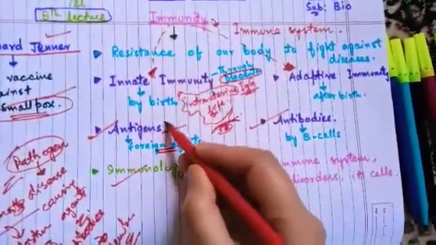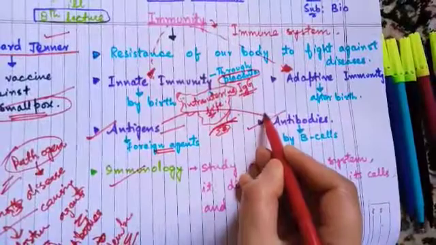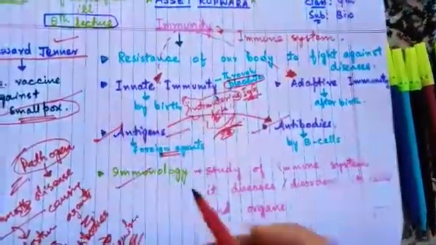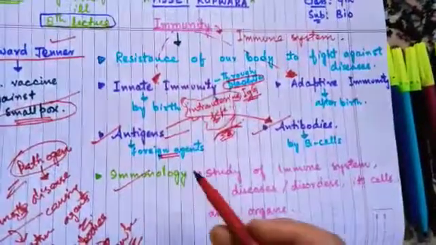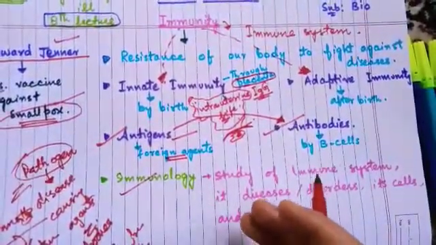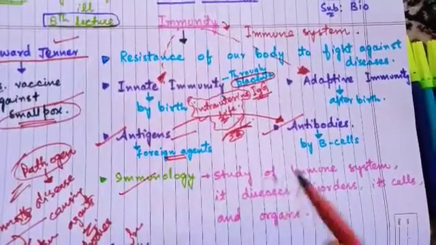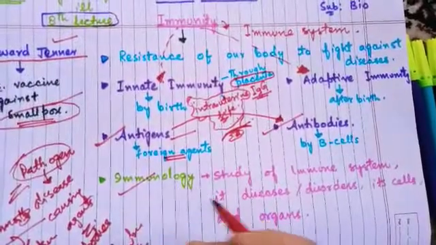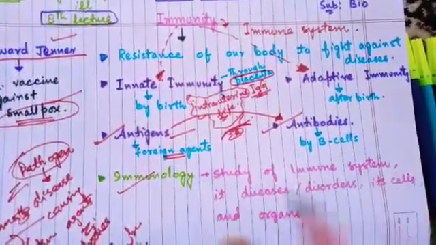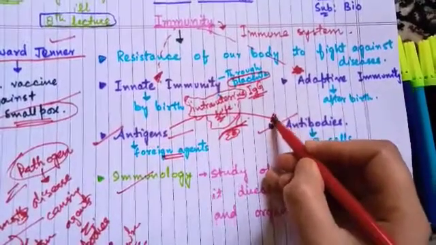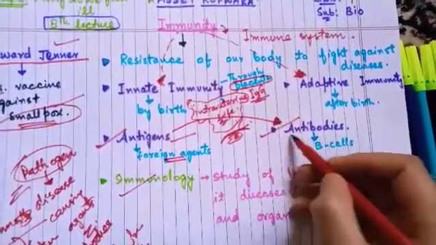When antigens enter our body, they meet the antibodies. Antibodies generate a response. I already told you that whenever our body smells anything non-self, it generates an immune response towards that agent, and that immune response is generated in the form of antibodies.